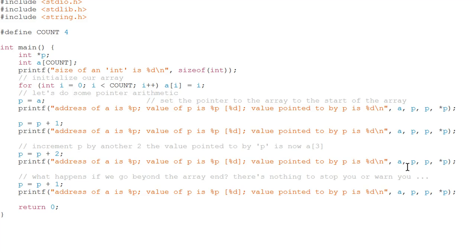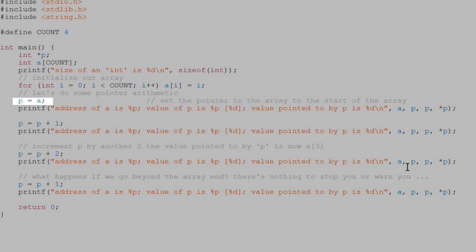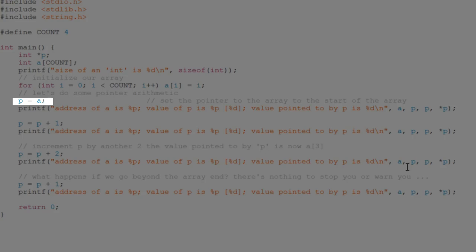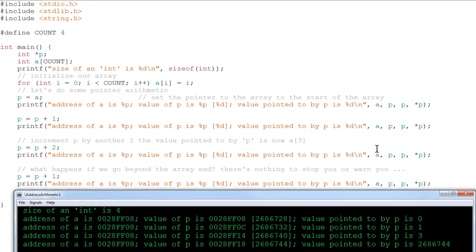In this for loop, I initialize the array with 4 integers from 0 to 3, and I set the p pointer to point to it. That is, by assigning the array a to the pointer p, I set the value of p to the address of a. Now let me run this code so you can see the results.